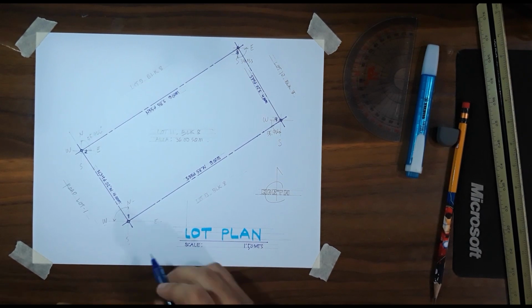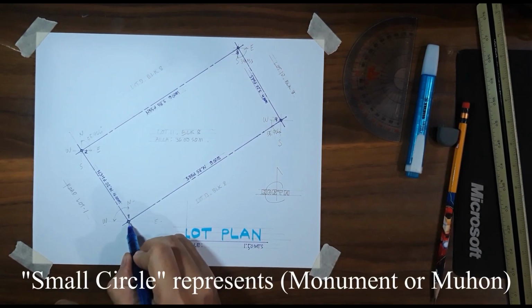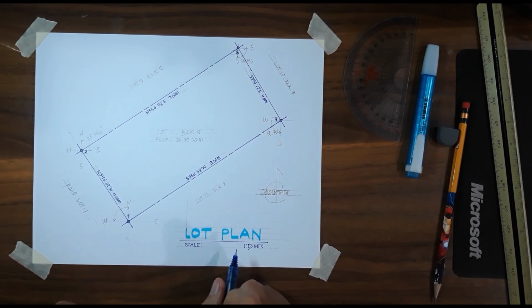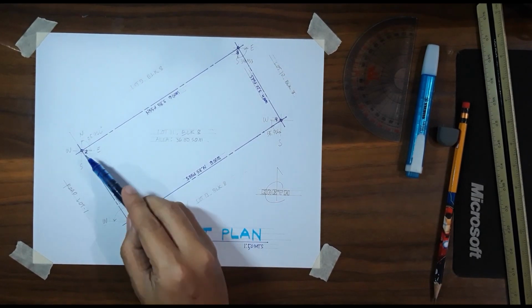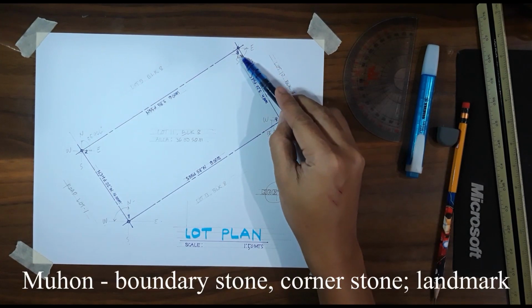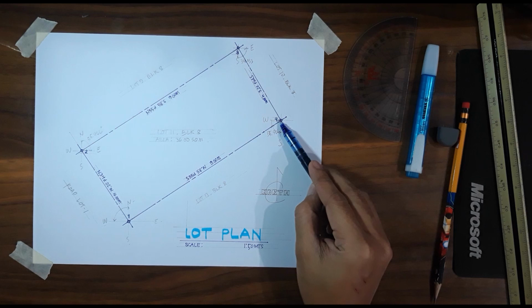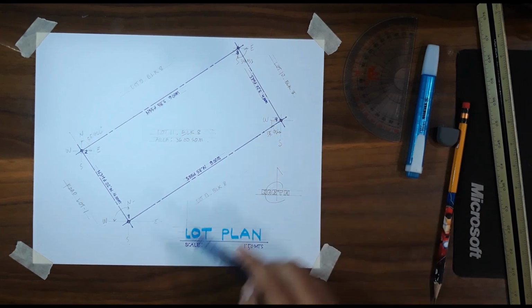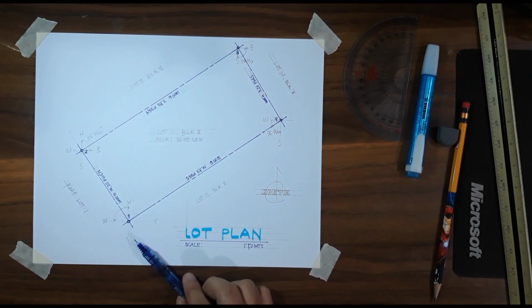Here we have 4 small circles. This is monument number 1, drawn like this. Then monument number 2, monument number 3, then monument number 4. So we have now established the 4 monuments.